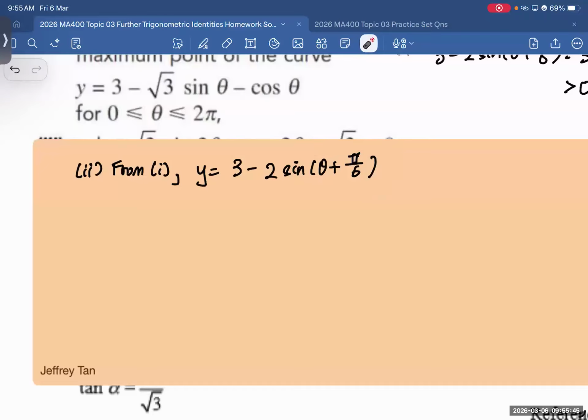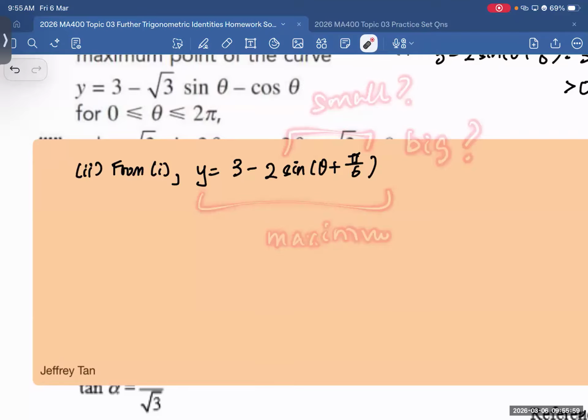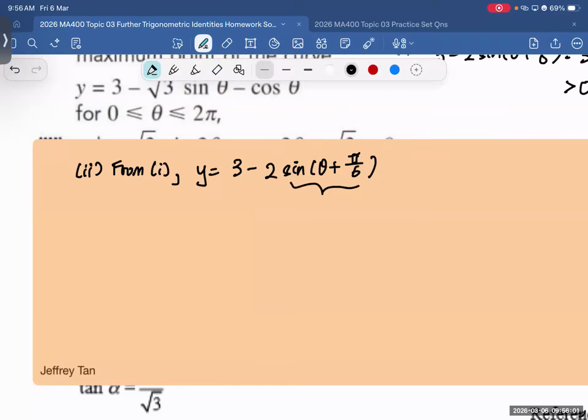Okay, so now if I want this to be maximum, do I want this to be small or do I want this to be big? Small. Very good. Okay, that means what do I want this to be? Very good. Okay, you are analyzing well. So if I want this to be -1, what should theta plus pi over 6 be? When is sine -1?